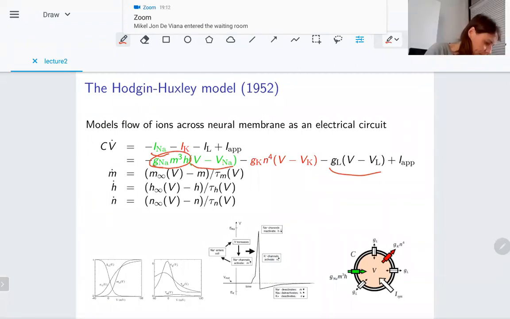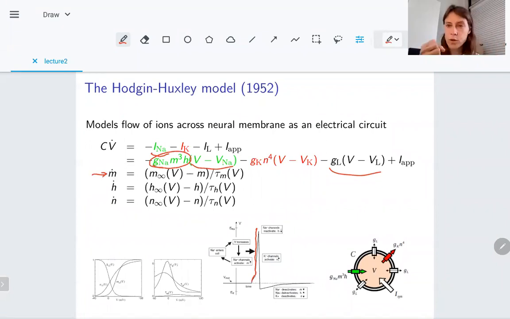Okay. This causes these channels to open, and then sodium flows in, and it causes a depolarization, and it's very rapid actually, because the opening of these channels is quite fast. So the dynamics for this variable M, which controls the opening of the sodium channels, is fast.